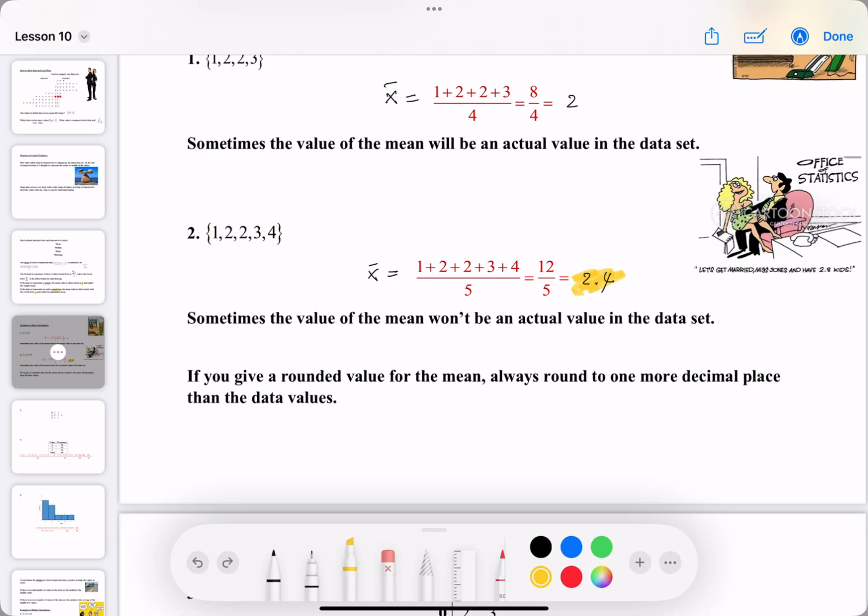If you give a rounded value for the mean, always round to one more decimal place than the data values. In this sample, the data are integers, so for my mean I need to have at least 1 decimal.